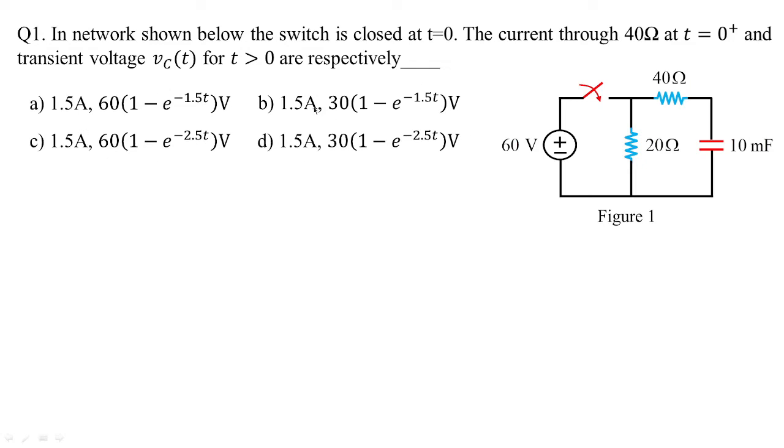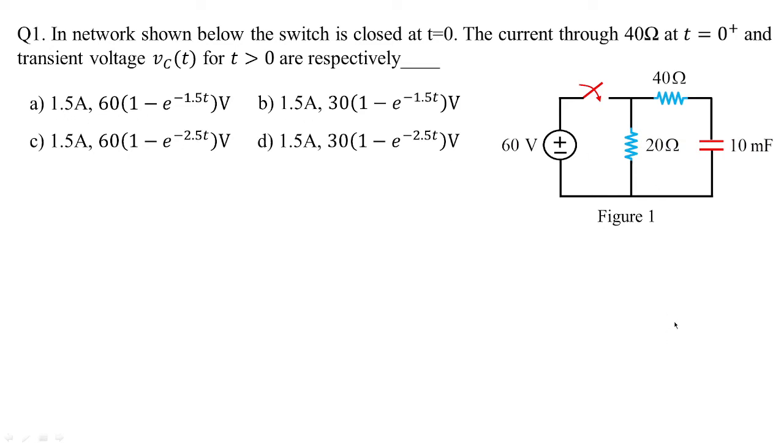Here we have four options. We are going to see this kind of options in competitive exams, like GATE exams or any competitive exams, like central government jobs or state government jobs. They ask questions in this pattern. What is the beauty of this problem? We should know that the value of current is 1.5 amperes and that is fixed.